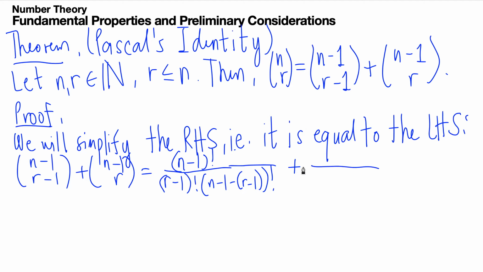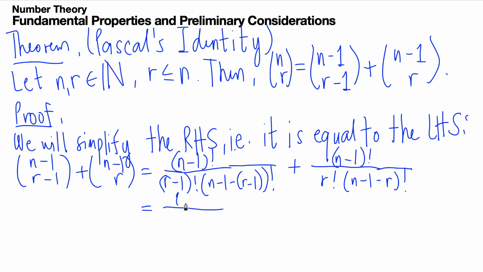And then for the second term, we have n minus 1 factorial, and then r factorial, that's the term below. And then we have n minus 1 minus r factorial. So this needs fixing. Okay, let's try to substitute or simplify it first.